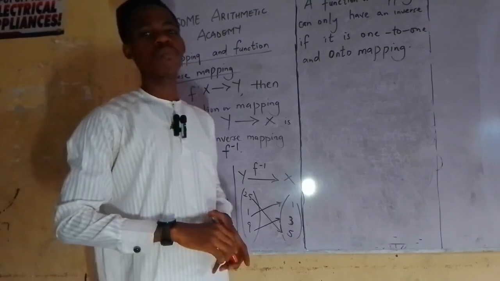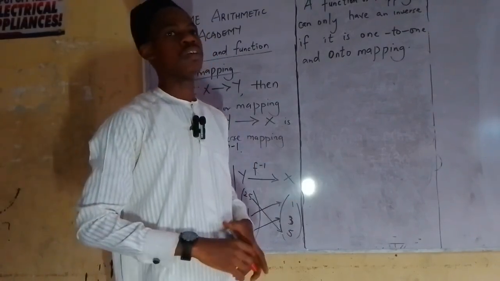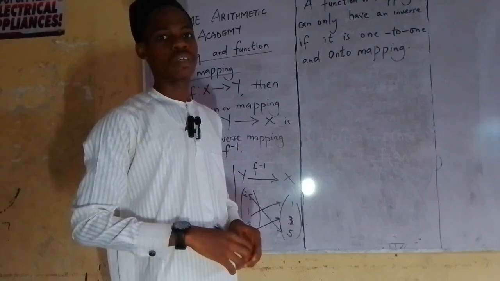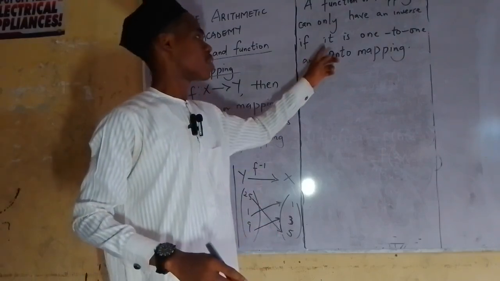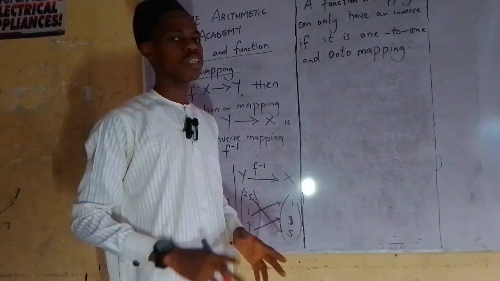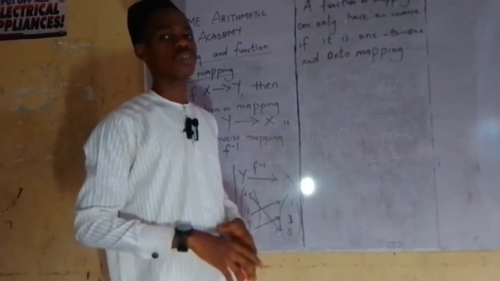A function or a mapping can only have an inverse if that mapping or function is 1-to-1, and at the same time it is onto.